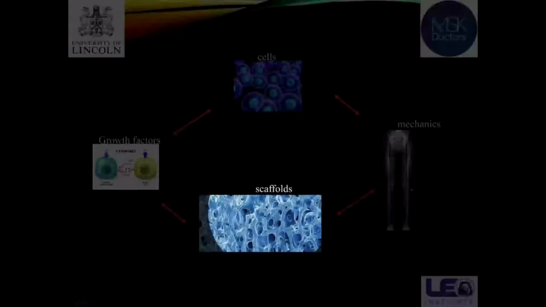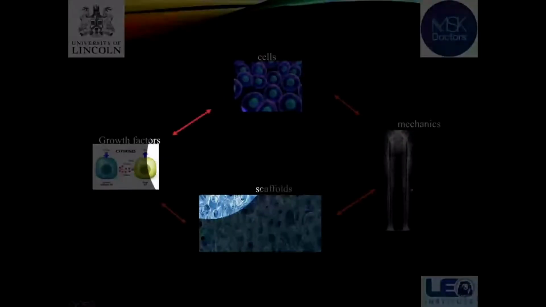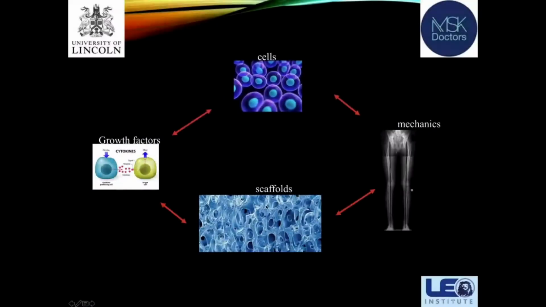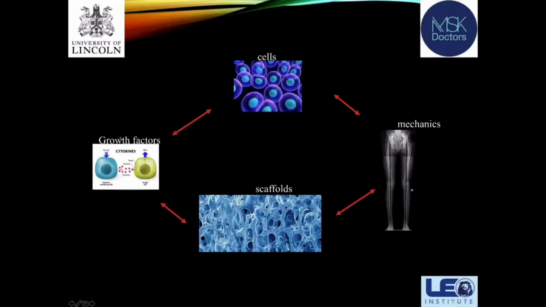We want to then give them an environment, a scaffold for them to anchor themselves in, and then we want to give them enough nutrient in our body. We call these growth factors. And then finally, we want to make sure the mechanics around the body is good in order for this regeneration to be successful.